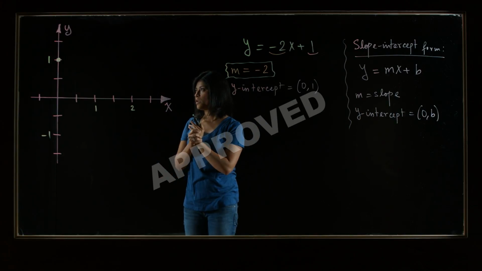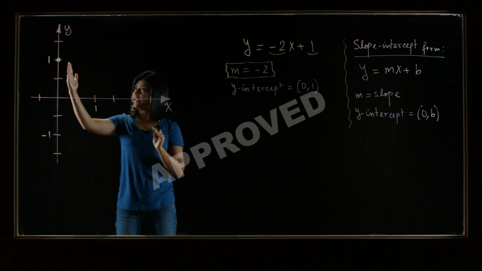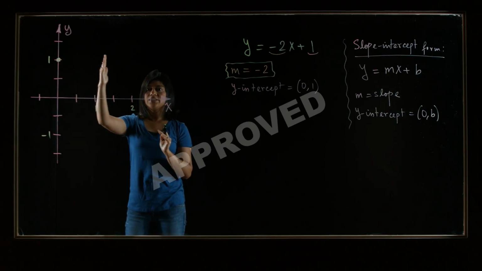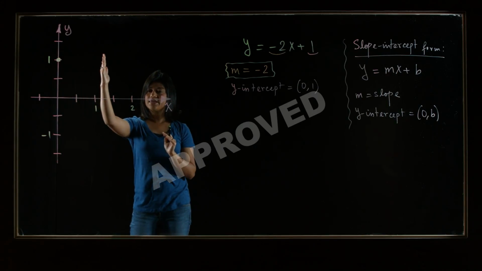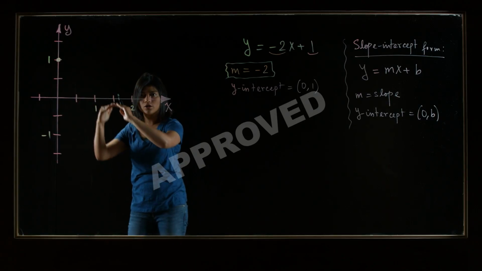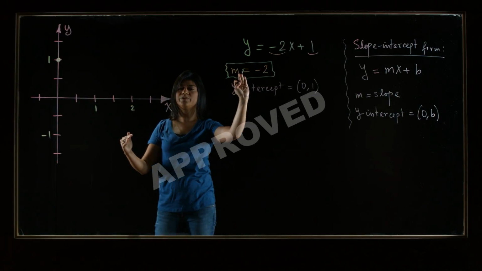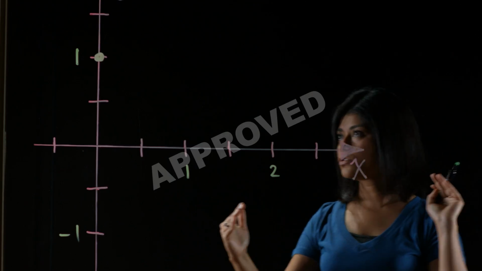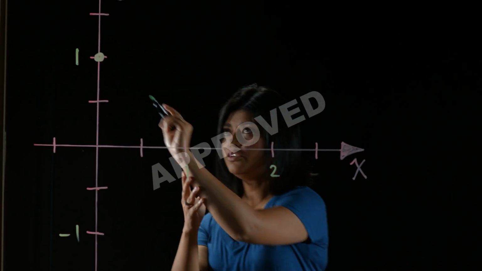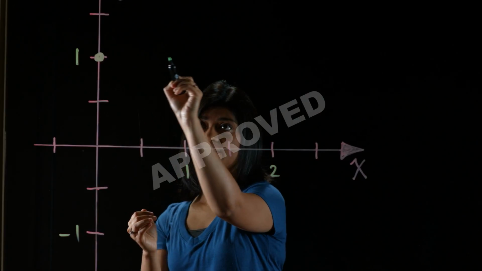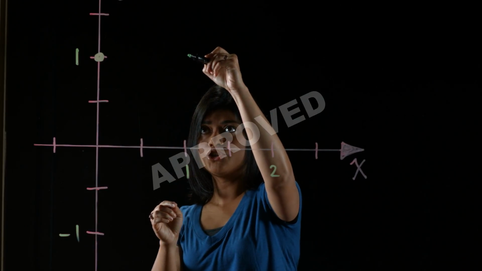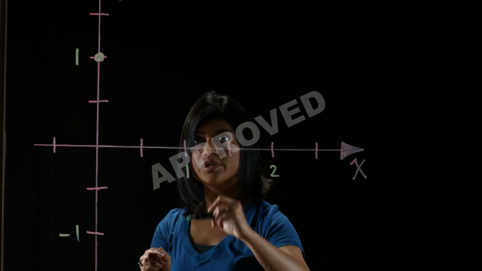That means every unit that you move the line to the right side, the line will fall 2 units. That's what it means by the slope being negative 2. So, in other words, if the line moves 1 unit to the right, it should fall 2 units.